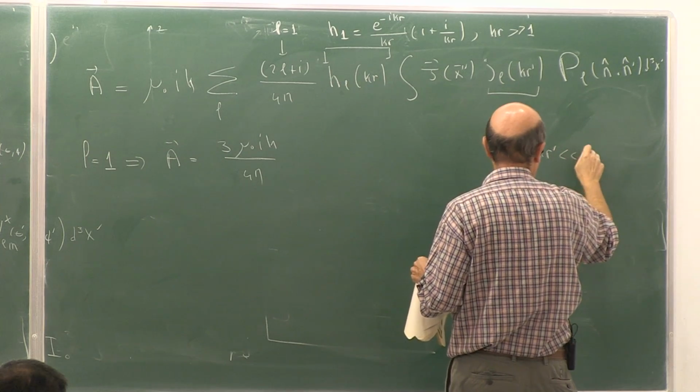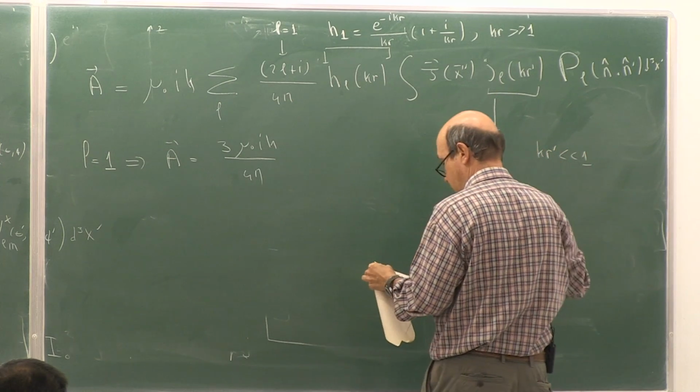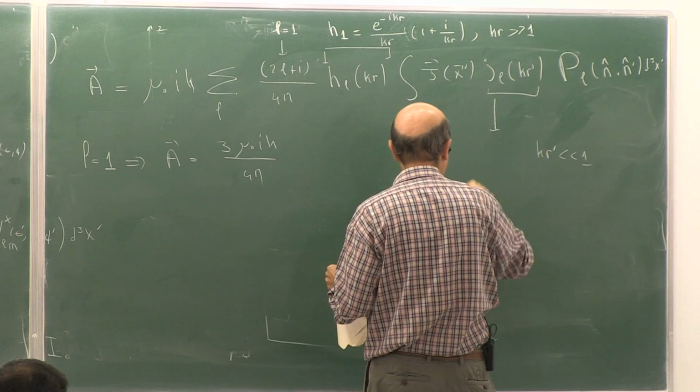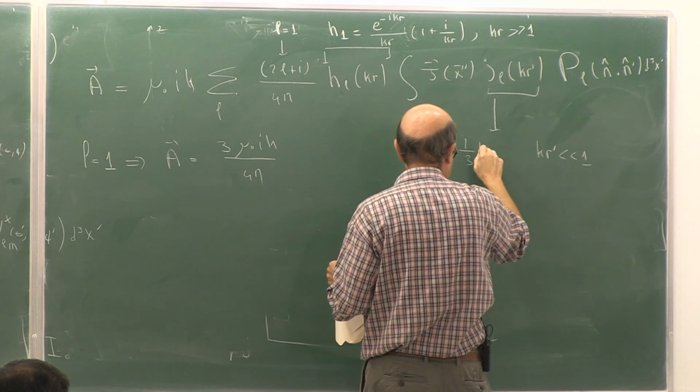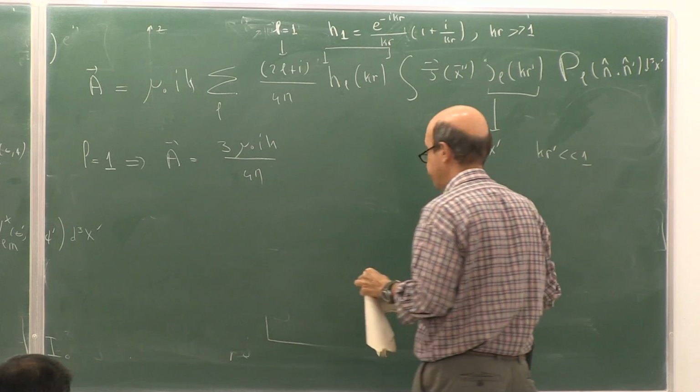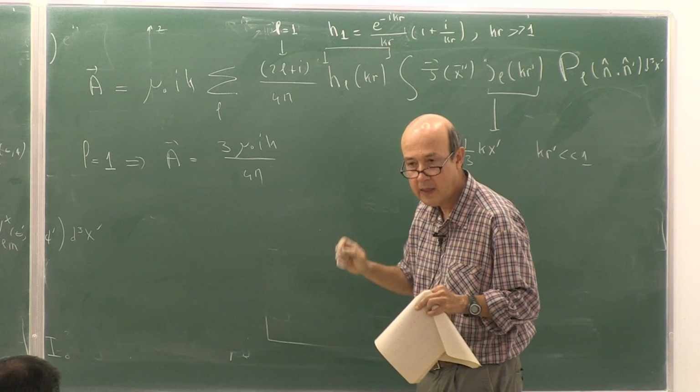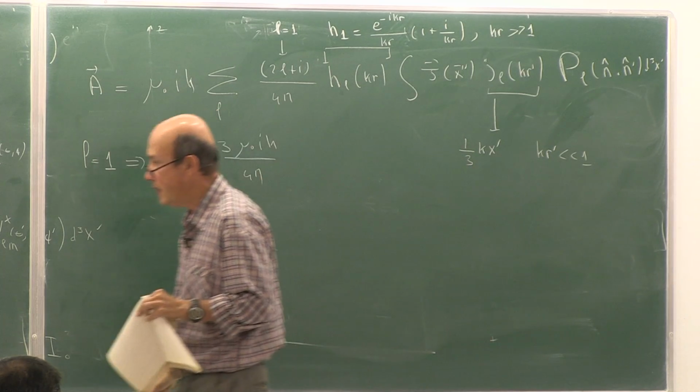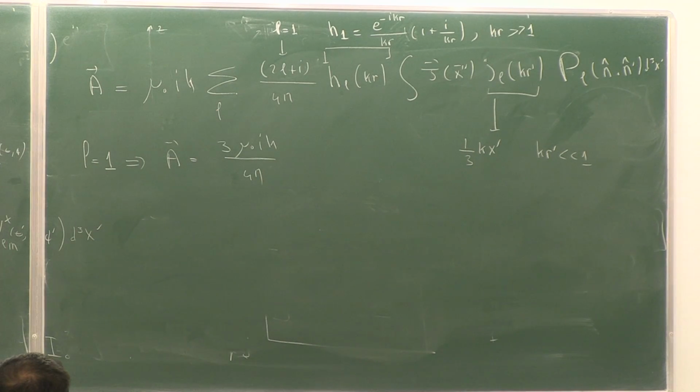When kr prime is small, this can be expressed as 1 over 3 kx prime, or kr prime. Okay, I am leaving it as x prime because I have the integral here.